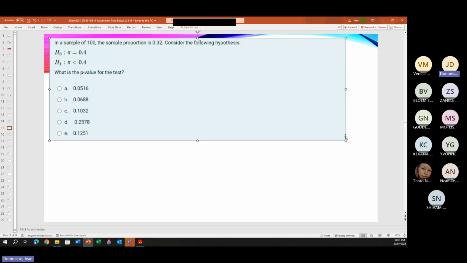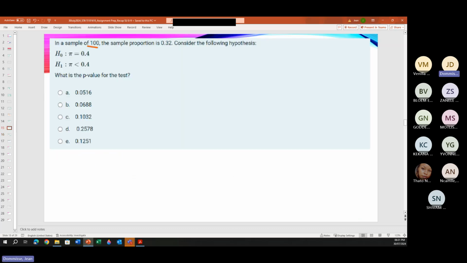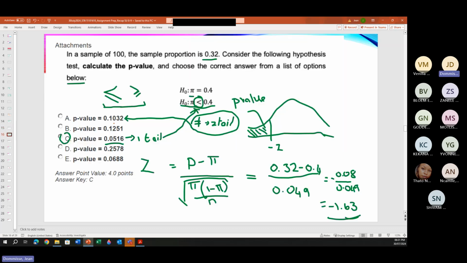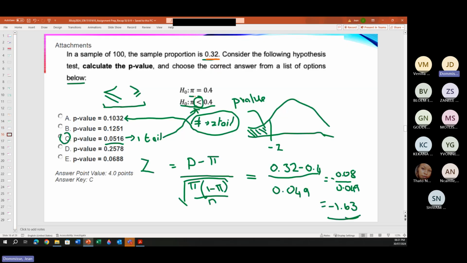Okay, so I think this one was also very similar to the previous question. So we will cover it quickly again, but look, exactly the same. Sample of 100, sample proportion. Let's just quickly see, looking at the test, equal and not, or smaller than.